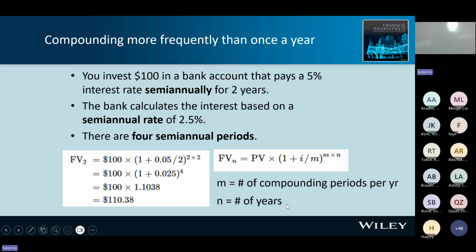N is the number of years, right? So you can see we adjust our data according to compounding frequency. Our I is the 1-year rate, our period rate is I over M, and the number of periods will be M times N, right?